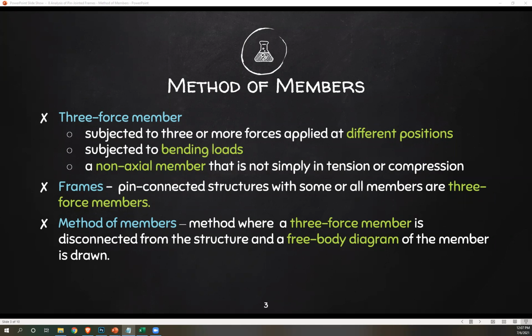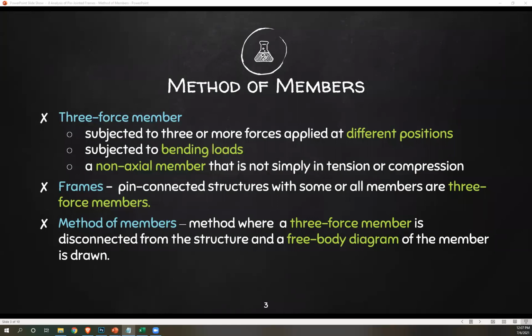Now, to reiterate, for three-force members, forces are not directed along the axis of that member. It could be directed along the span. Because of that, if you try to pass a plane through a three-force member, it shows that the member is subjected to bending, along with axial forces.